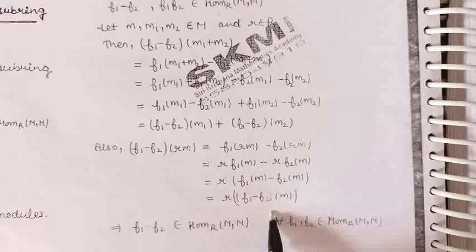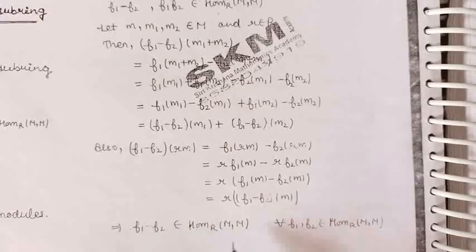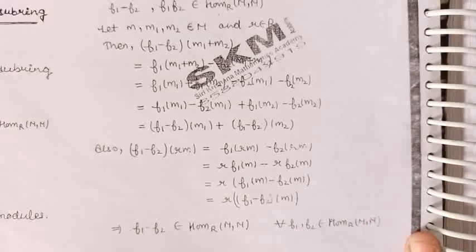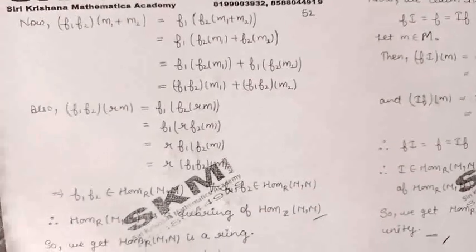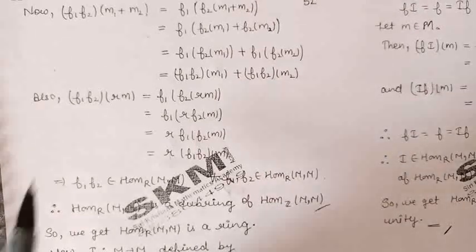So till now we have proved F1 minus F2 belongs to the set of all the homomorphisms of module M over the ring R. Now we prove F1 into F2 belongs to the set of homomorphisms of module M.